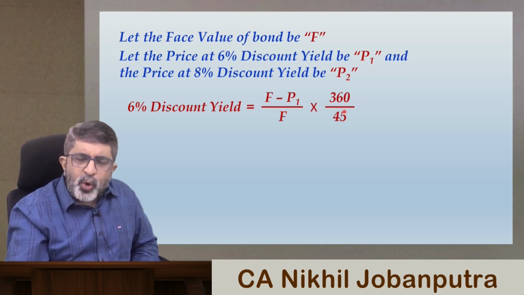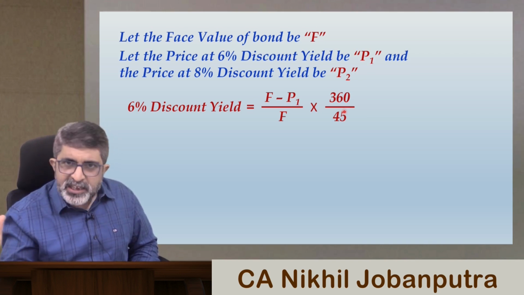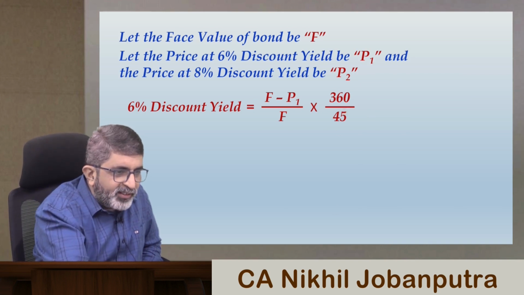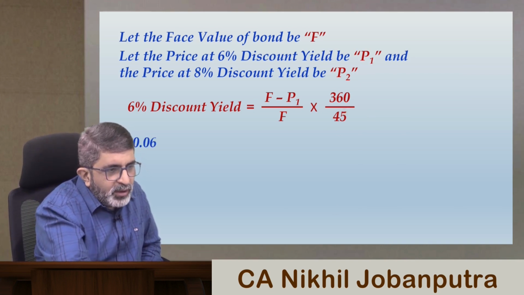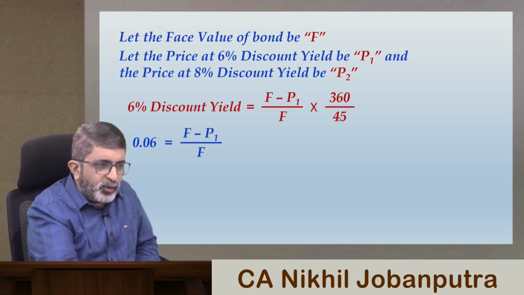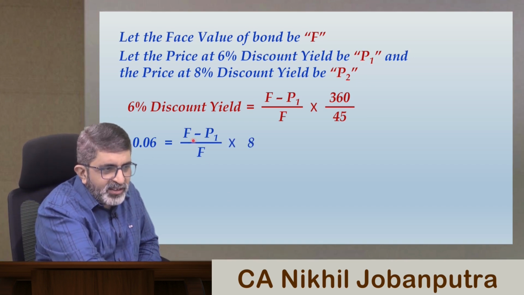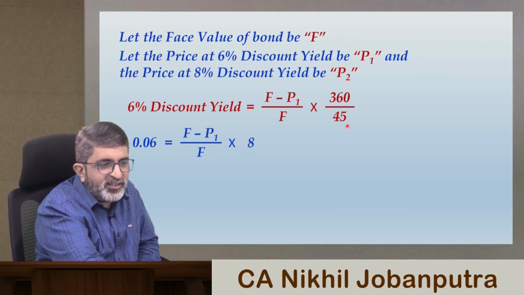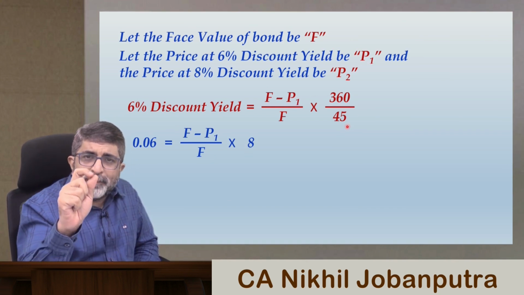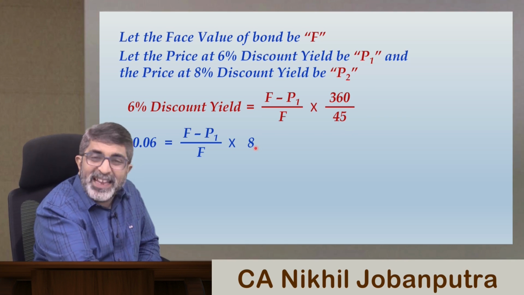There will be no exceptions to this. We are very clear about it. Now let us do the math. So the left hand side will be 0.06 resembling 6%. F minus P1 divided by F into 360 divided by 45 will give you the absolute value as 8.